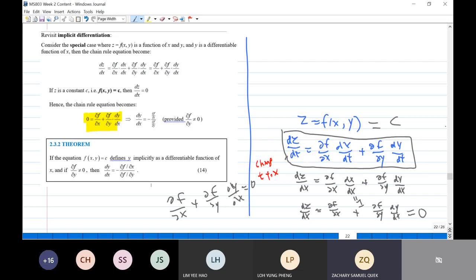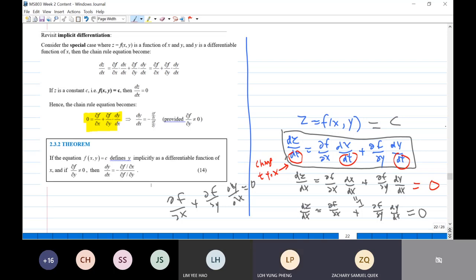I see, okay, I understand already. Then you got this new equation, and this is how you can modify it. If this is equal to c, a constant, then you expect this equal to 0. So the condition is that it must be equal to a constant. Otherwise, you cannot solve the equation. Thank you.